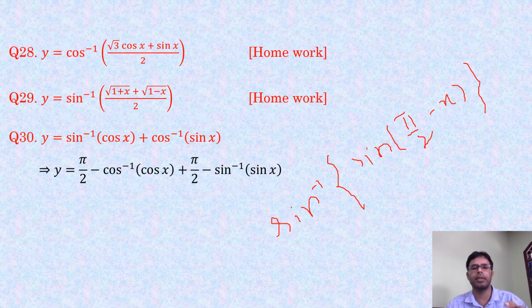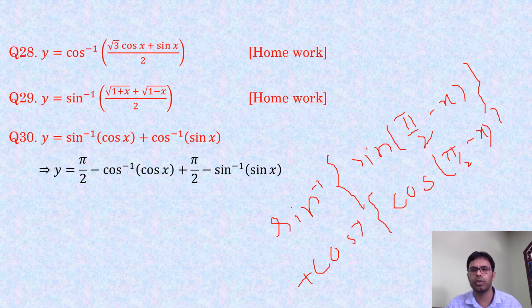Okay, and for the second one, here it is plus sign, cos inverse is already here, and the inner function can be written in terms of cos like this, cos of pi by 2 minus x. Okay, so in that way sine inverse sine cancel, it is only pi by 2 minus x, cos inverse cos cancel, pi by 2 minus x.